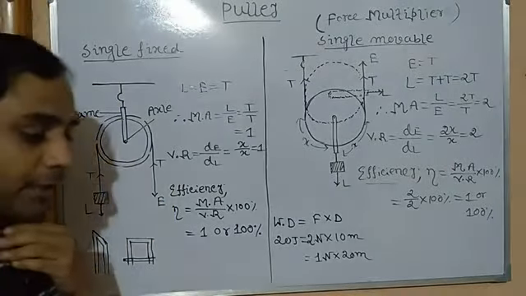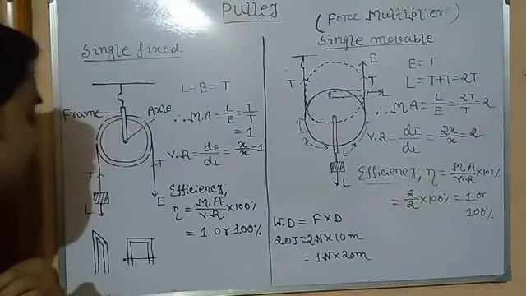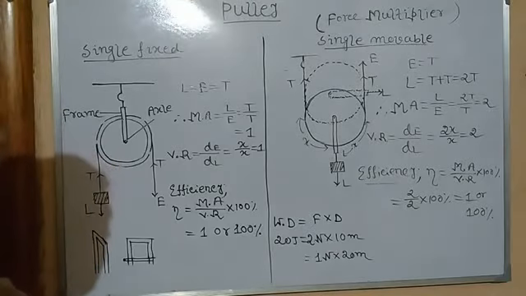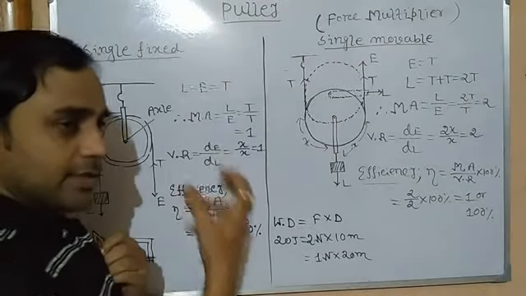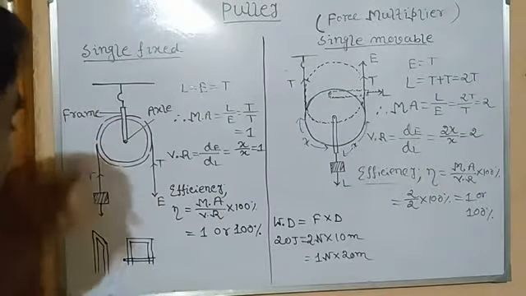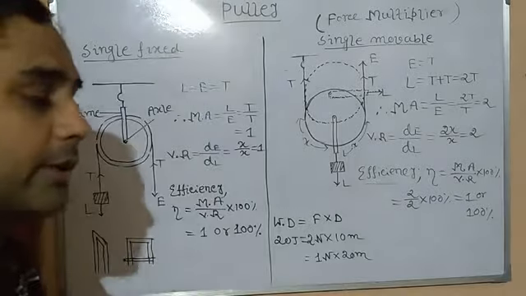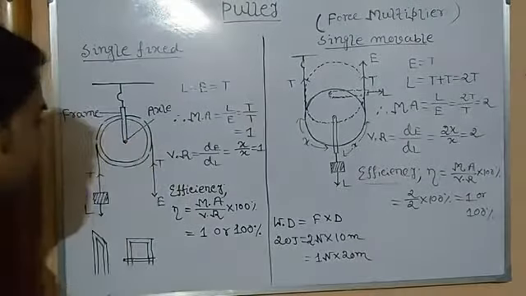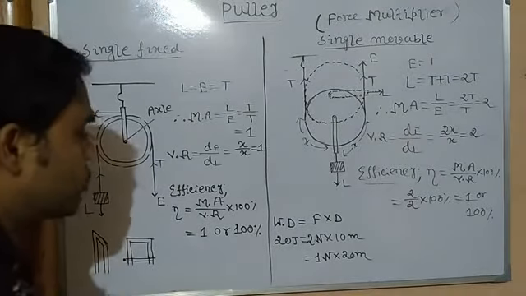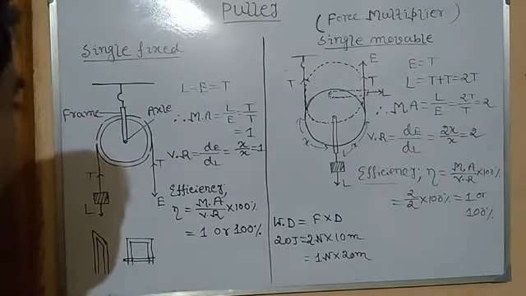But when we apply force in the direction of gravity, it becomes very handy, very easy. Since gravity pulls every object towards its own center, the weight acts in the downward direction and we are applying the force in the same direction. So it is not so oppressive.